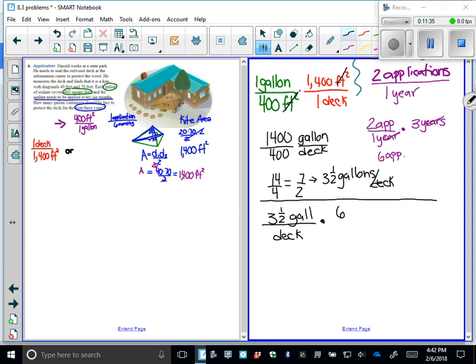and then that's going to be 6 times 6 for the number of applications, which is what we figured out up here. So 6 times 3 is 18, and half of 6 is 3. So I need 21 gallons for my deck.